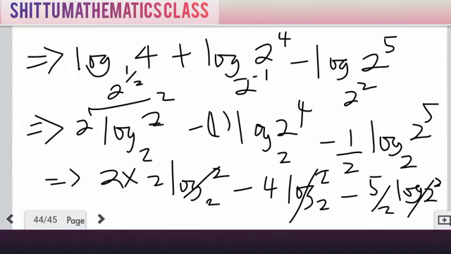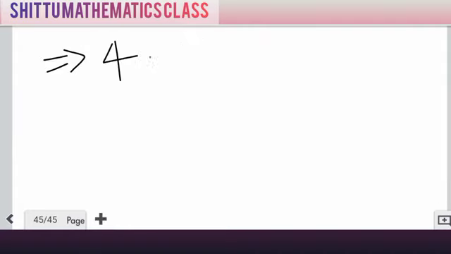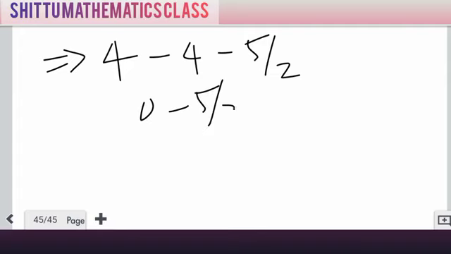Then what else do we have? We have minus 4. Then we have minus 5 over 2. You can see that 4 minus 4 is going to give us 0. Then minus 5 over 2. Therefore, we have our final answer to be 5 over 2.